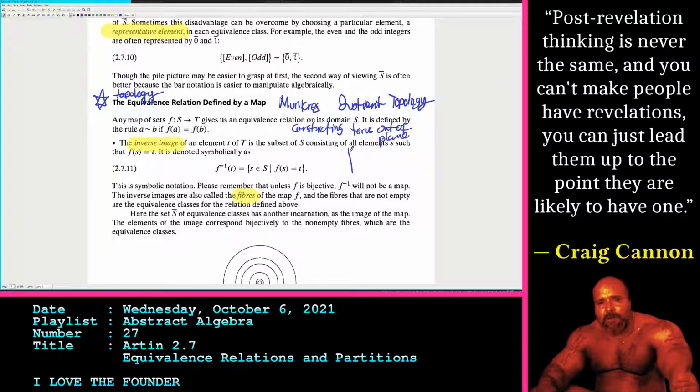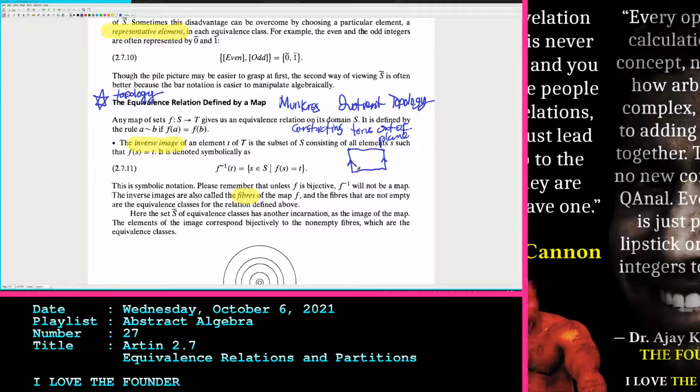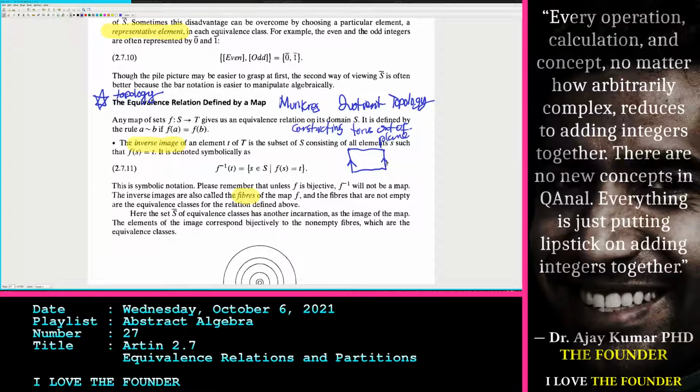To do that, you can visualize this actually if you have a piece of paper. You take this piece of paper and fold it against itself so that this edge matches this edge. So this side matches this side, and then you'll get a cylinder.